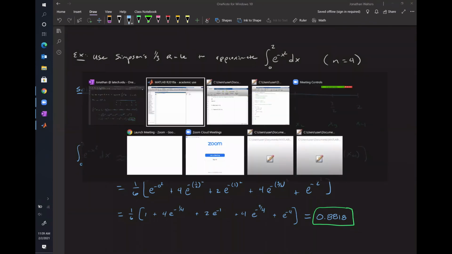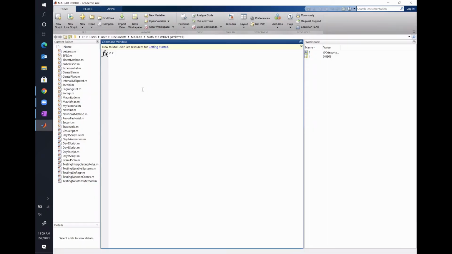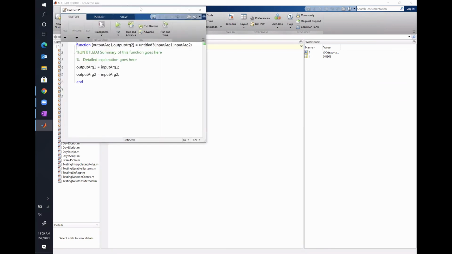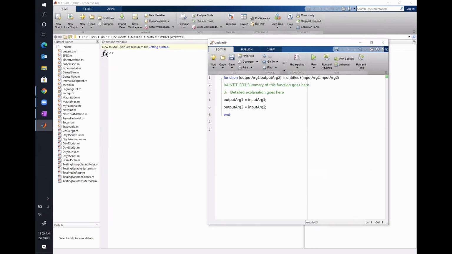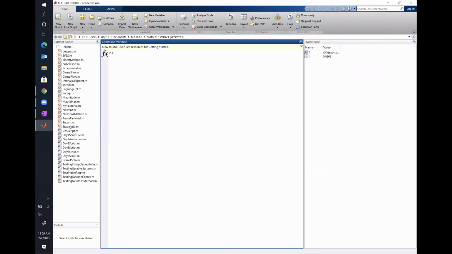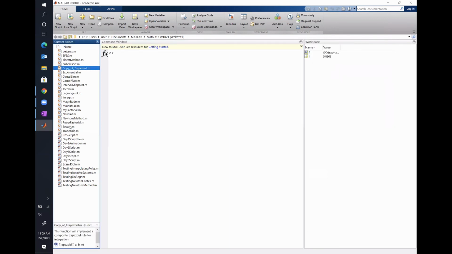Go back to Matlab. Create a new function file. I wonder if I could just copy my trapezoid. Let me do that instead. I'll take trapezoid, copy it.